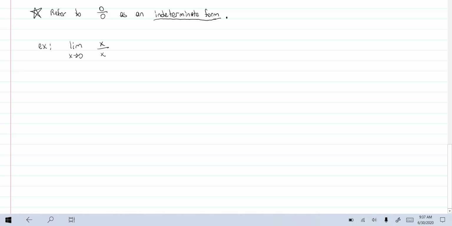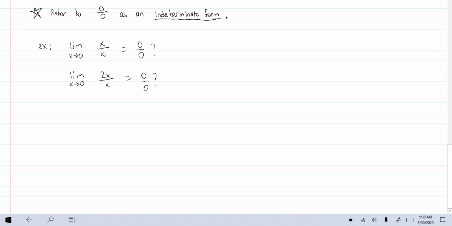So if I think about the limit as x approaches 0 of x over x, and then let's do the limit as x approaches 0 of 2x over x. Now, in each of these examples, if you just try to plug in 0 for x, you're going to get 0 over 0.